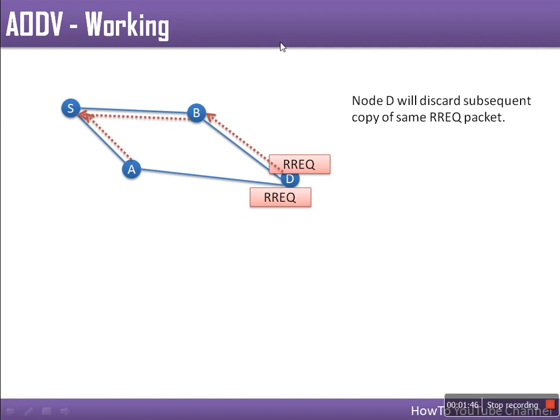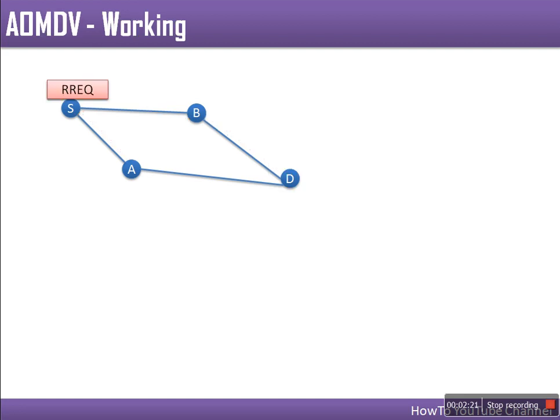So here D will set a path to S through B. It will not set a reverse path to A. So in AODV, if a node receives multiple route request packets for the same destination, it will broadcast only the first packet, and it will set a reverse path to the node from where it received the first route request packet. All packets received after that are simply dropped.